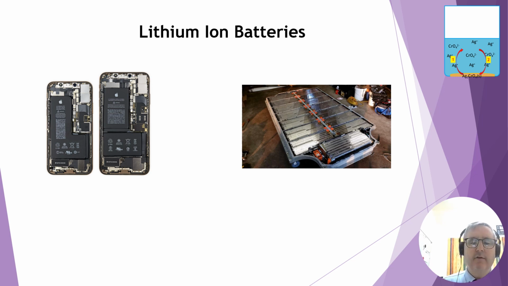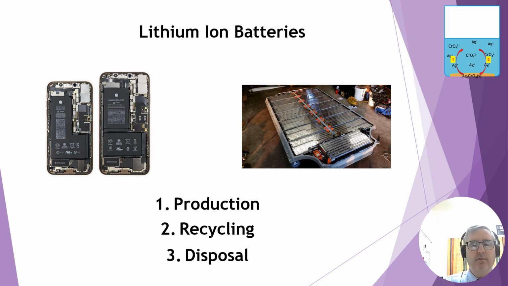I'm not saying that this is the only way that we get pollution. Everything that we have in our modern life is produced from some industrial process, and there is possible pollution associated with that. But I'm just looking at this as an example. So there are three parts where the pollution might get into our waterways: the production, recycling, and disposal.